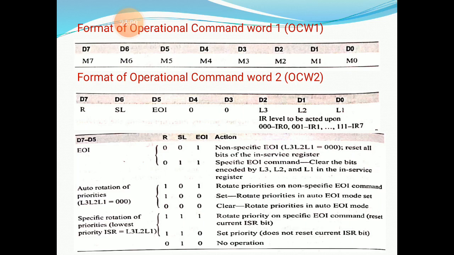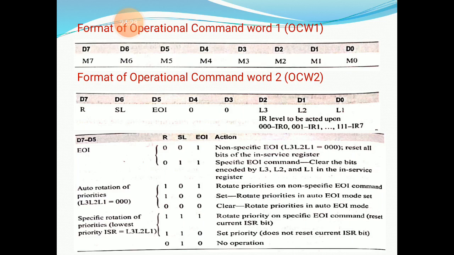That is, reset the bit of the in-service register. If they become 011, that performs the specific EOI command. That is, clear the bit encoded by L2, L1, L0 in the ISR, the in-service register or interrupt service register.